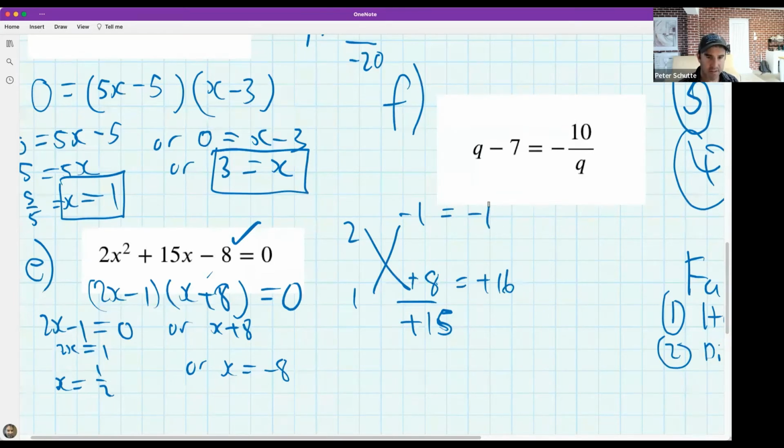What do I get if I add the minus 1 and the plus 16? I get the plus 15. So that's why I chose the 8 and the 1. Because if I multiply out, it gives me these numbers. What's different is when I read it off horizontally. That's why you see this 2x minus 1 down here, because I'm attaching an x to this side. And then the next line is going to be x plus 8, like that. Does that help a little bit? I hope it does. That's my thinking.